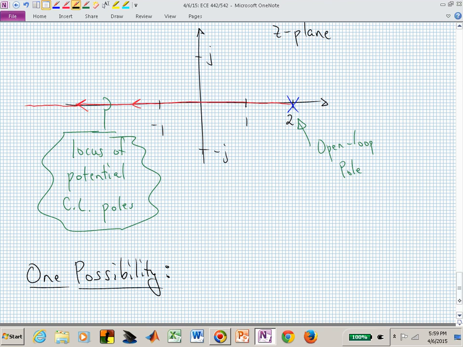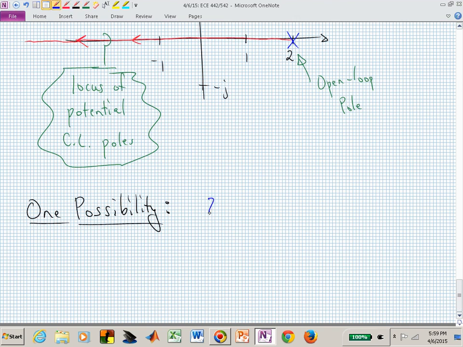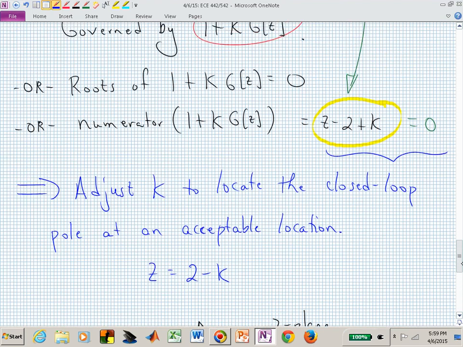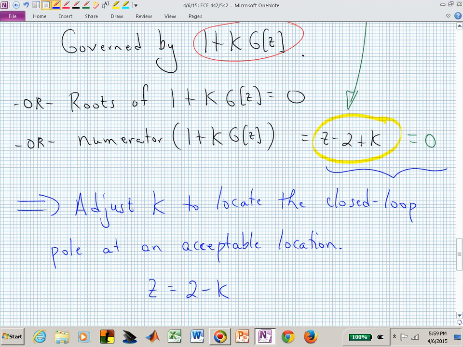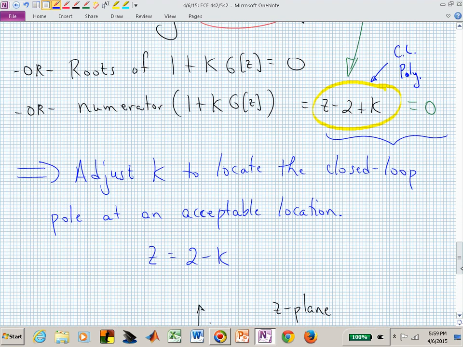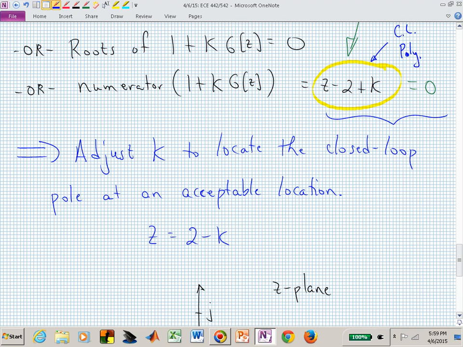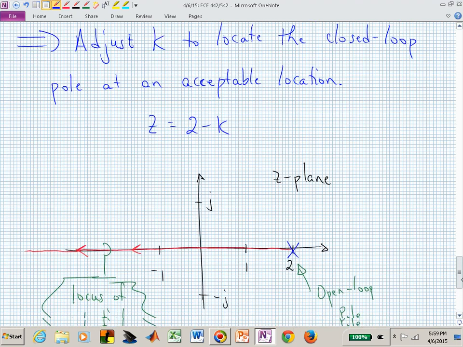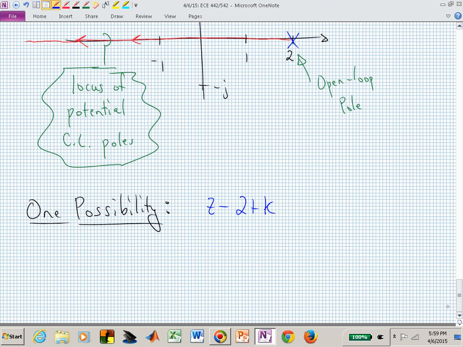We know that our closed loop polynomial is given by z minus 2 plus K. That was our closed loop polynomial that we set equal to 0. When we set it equal to 0, we have our closed loop equation for the closed loop poles.